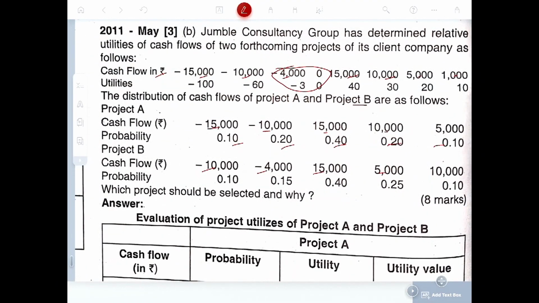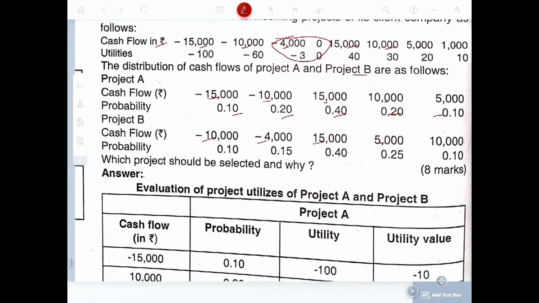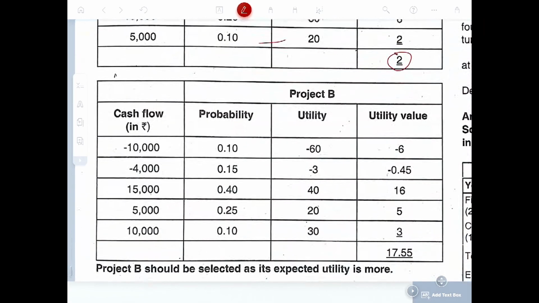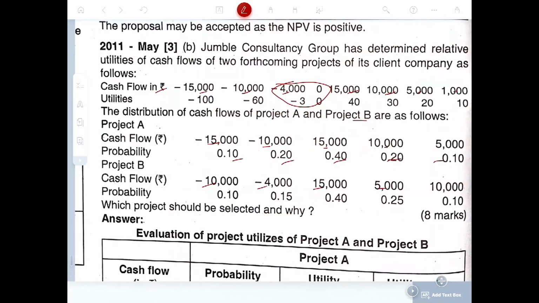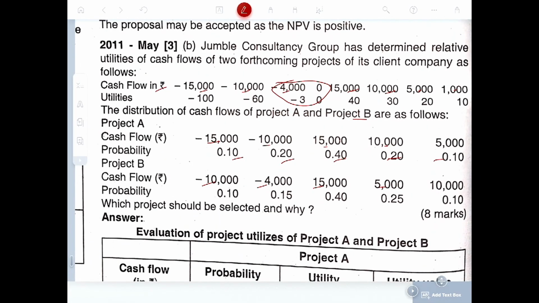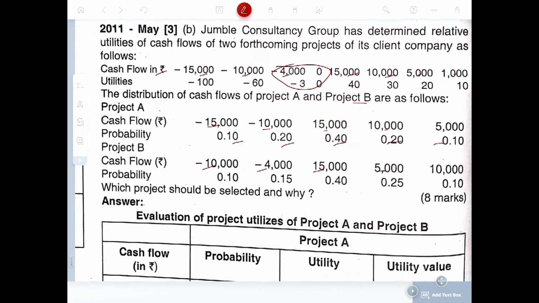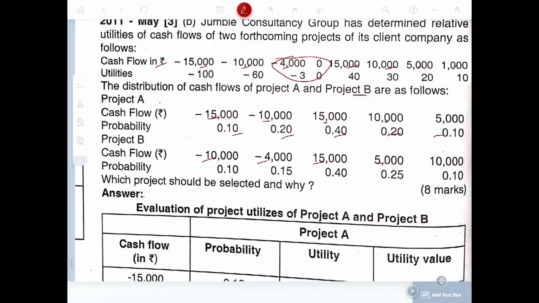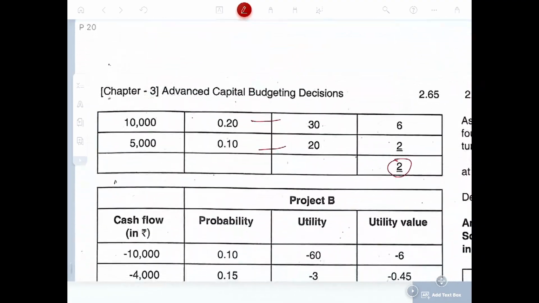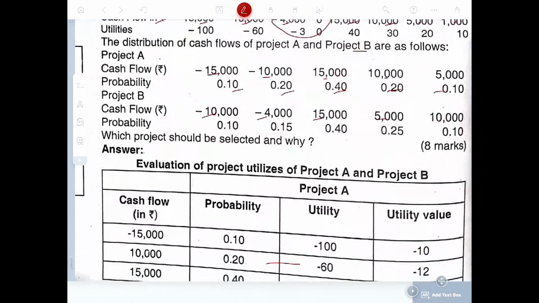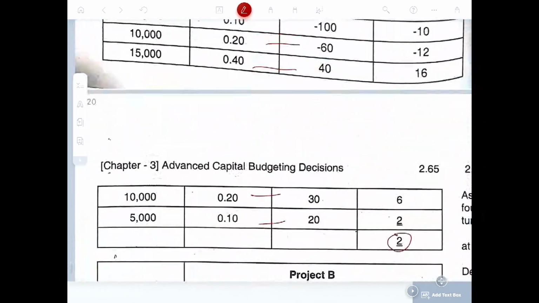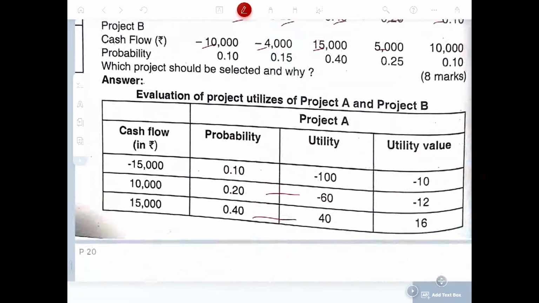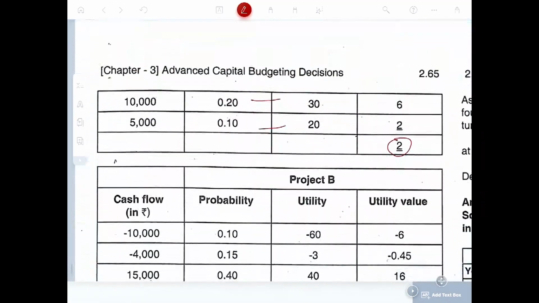Same utility: 40, 10, minus 10, minus 6, minus 3. For 10,000, 4,000, 15,000, the probability utilities are 100, 100, 60, 40, 22.